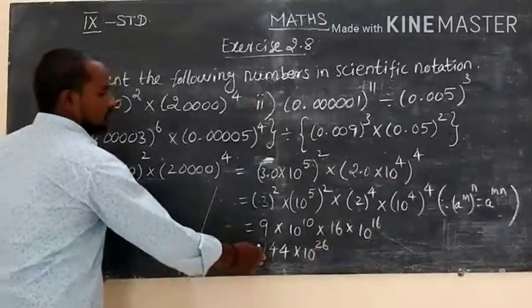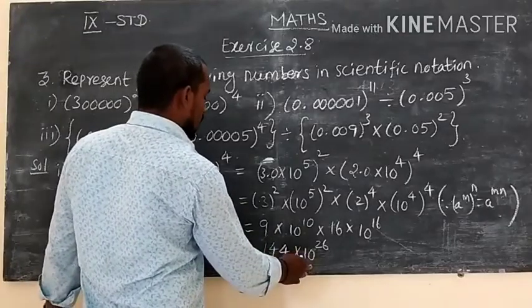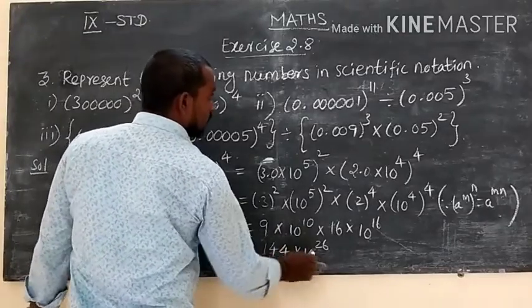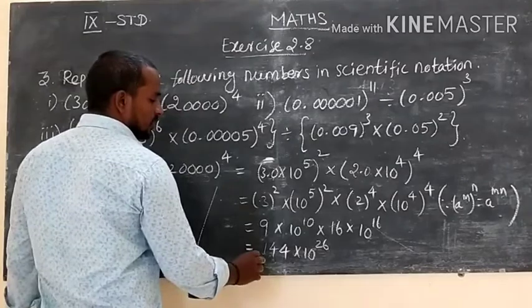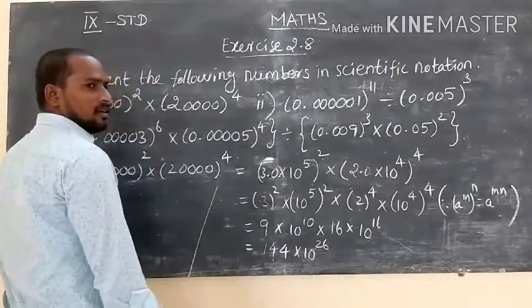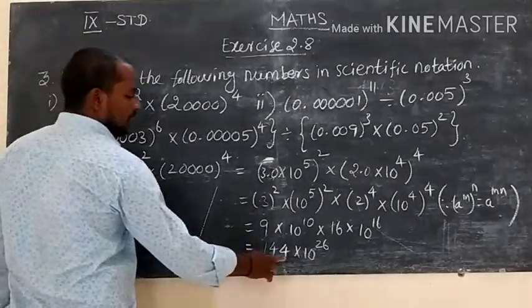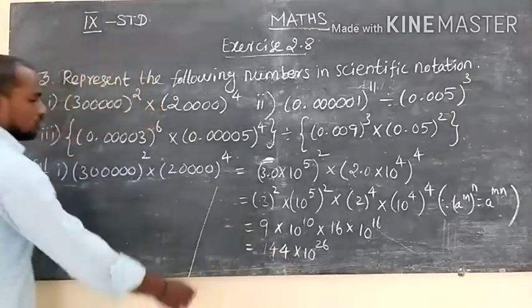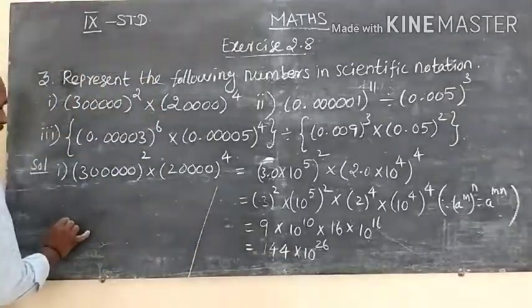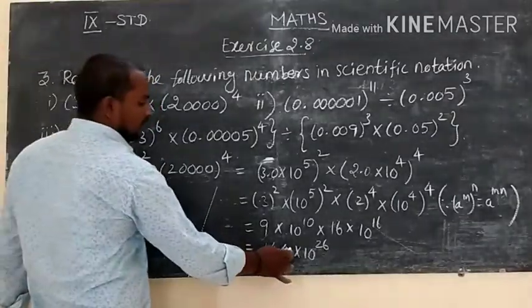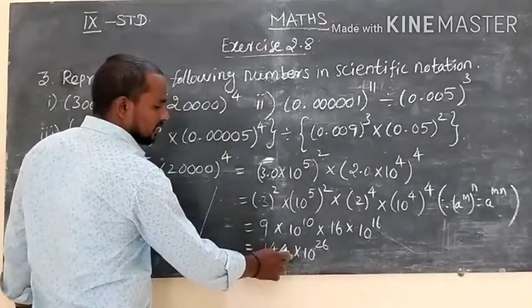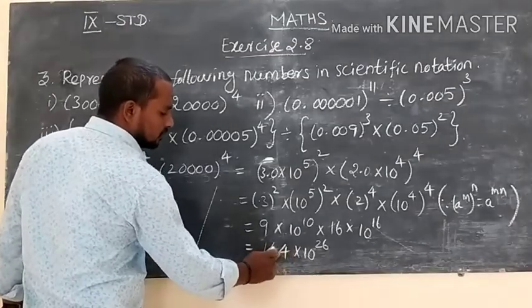Now this is the simplest form, but this is not a scientific form because the left-hand side of the decimal should have only one non-zero number. Here there are three non-zero numbers. So 144 can be written by considering the decimal and shifting right to left 1, 2.